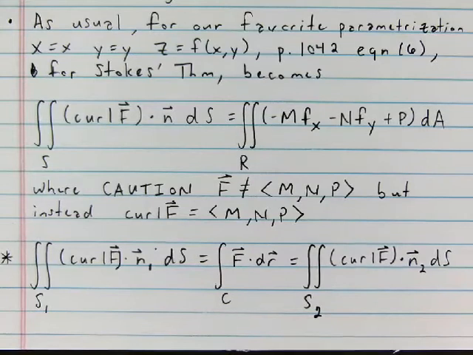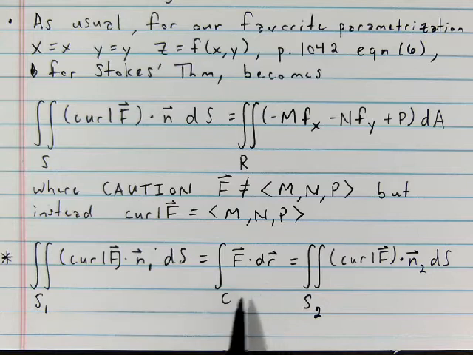So what this says is that you have a boundary curve. It doesn't matter what surface you use, as long as that boundary curve is a boundary for that surface and 50 other surfaces, doesn't matter. As long as they share that boundary curve, you can evaluate whichever one of these integrals is easiest for you to evaluate.